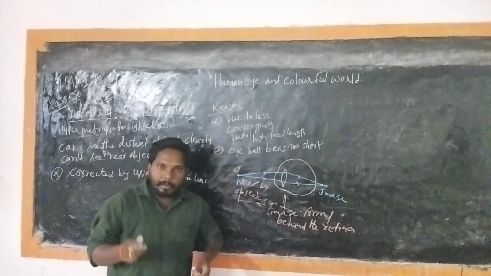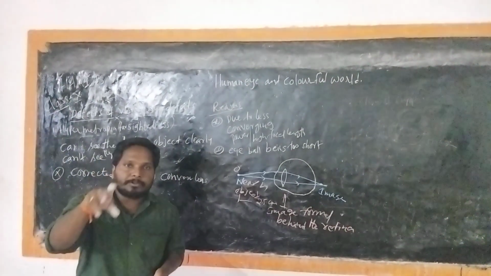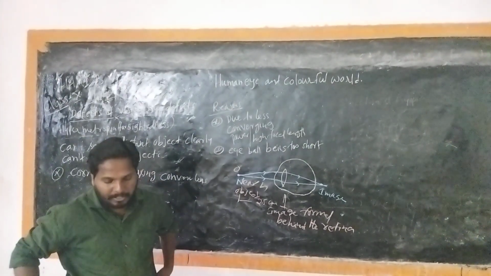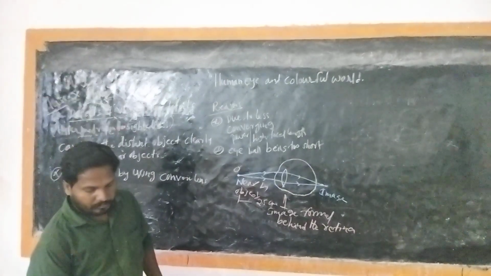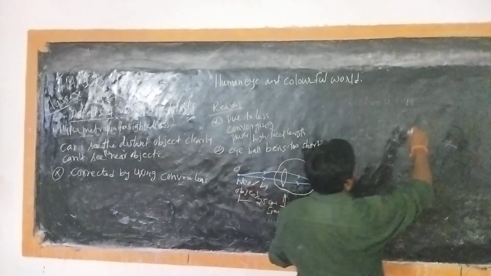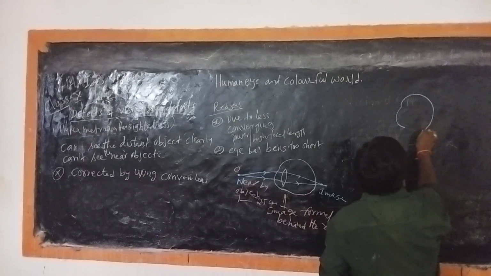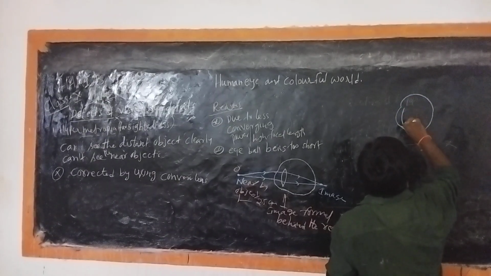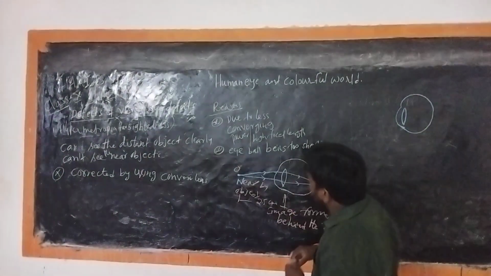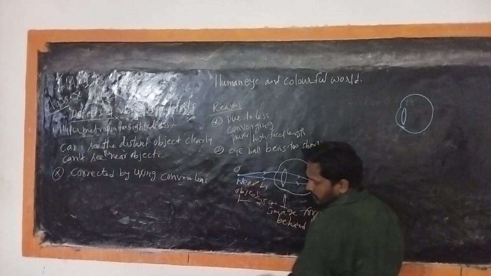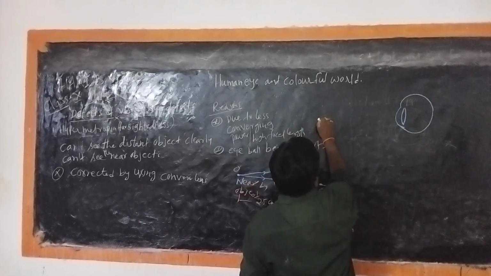So, to see the near object clearly, the near point of the eye lens has to be shifted, like this.